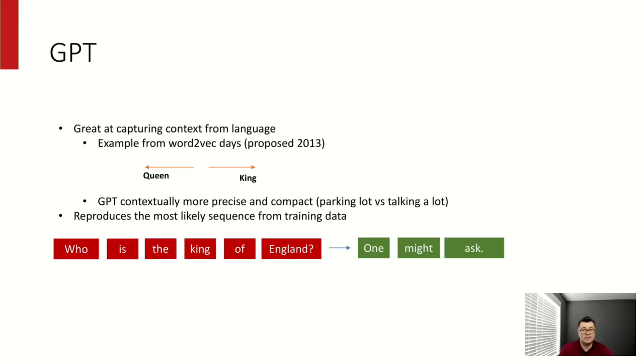One example would be if you're looking at 2 phrases like parking lot and talking a lot. Some of the older models might not be able to distinguish between lot and lot, whereas GPT would be able to do that. And this is just a very small example.